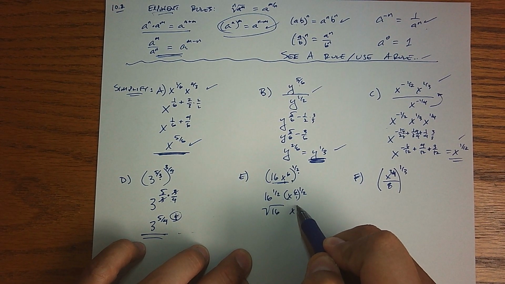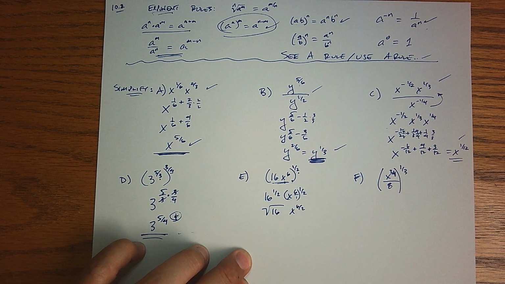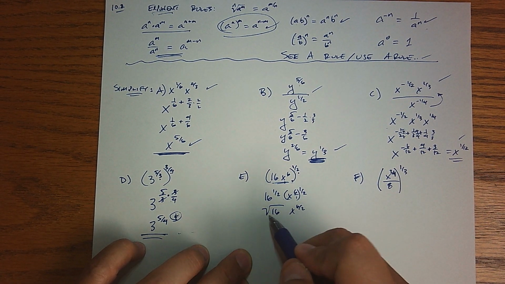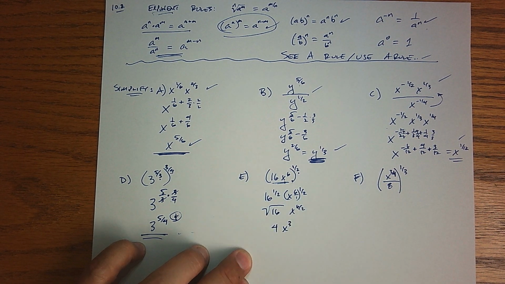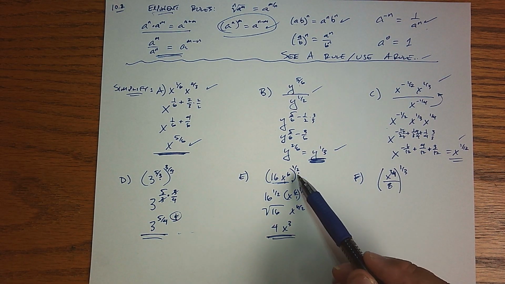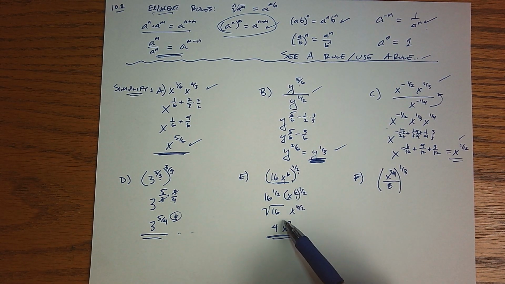So I have x and 6/2 there if I multiply my exponents, my fractions, top to top, bottom to bottom. Square root of 16 we know to be 4. If we reduce that fraction, we get x to the 3rd, and that's pretty slick because basically we started with a radical technically, and going through our simplification, going through our exponential rules, we're left with something without a radical. So we kind of simplified.